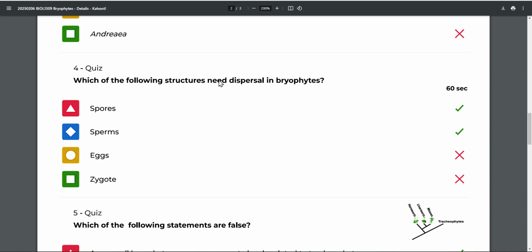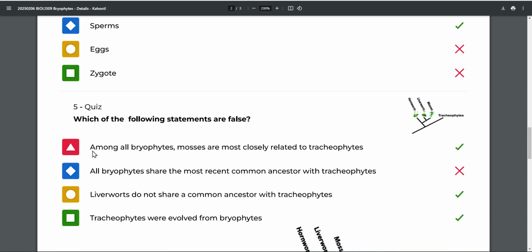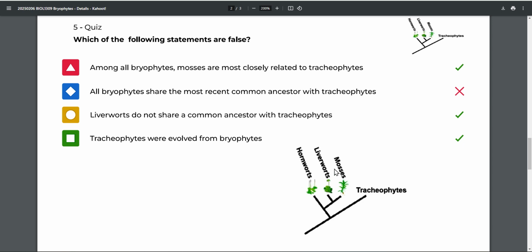Which of the following structures need dispersal? Spores and sperm. Spores need wind, sperm needs water. Eggs and zygotes remain in the female gametophyte. Which of the following statements are false? Only this one is correct, the rest are not. Among all the bryophytes, mosses are most closely related to tracheophytes. No, it is not.